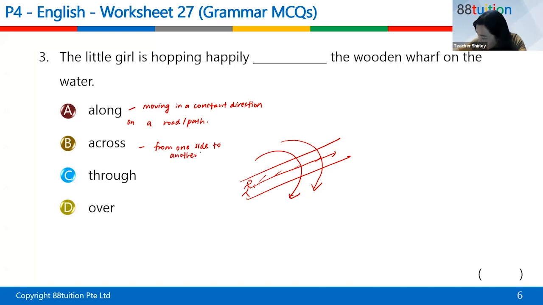That's why when someone said across, it's actually from this side to the other side. It doesn't make sense for you to jump across the wooden wharf. That means you will fall into the water. Okay, from one side to another.